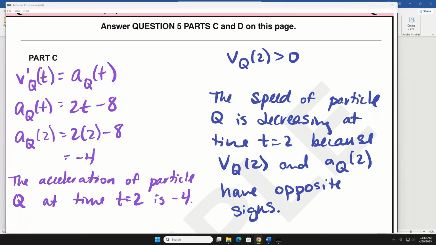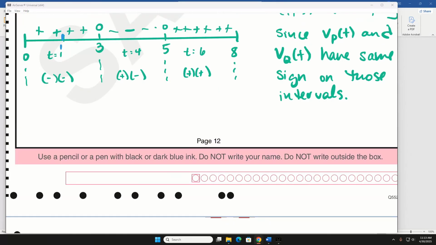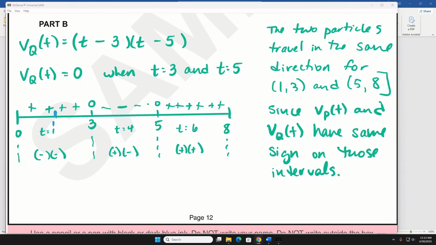All right, and then part D says to find the position of the particle Q the first time it changes direction. All right, so I'm going to go back and look at the particle Q work I did. Out of these times on here, what is the first time this particle changes direction? 3. Because we're traveling to the right, and then the particle starts traveling to the left.